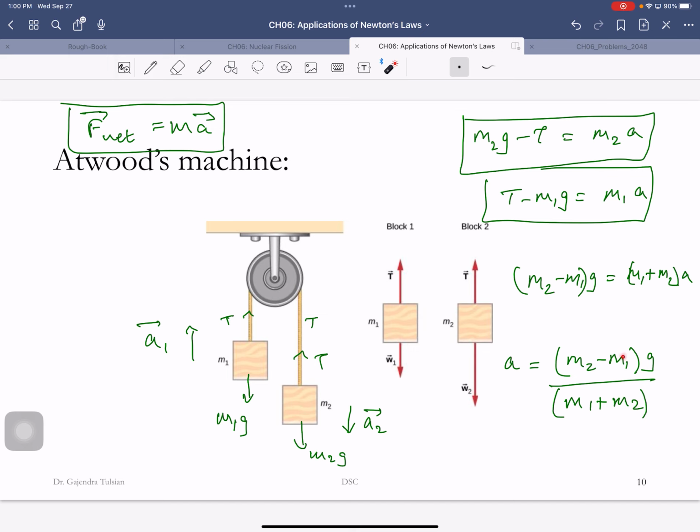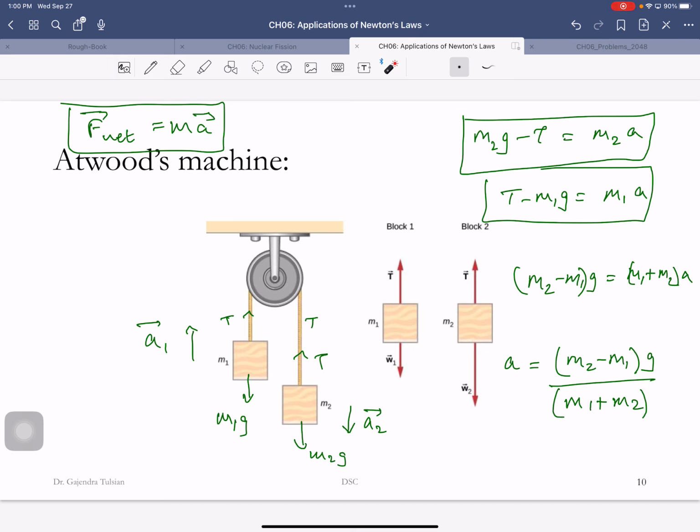What will happen if m1 is 0? Well, can you tell me what A will be? So if m1 is 0, this is 0. This term will be 1. A will be equal to g.